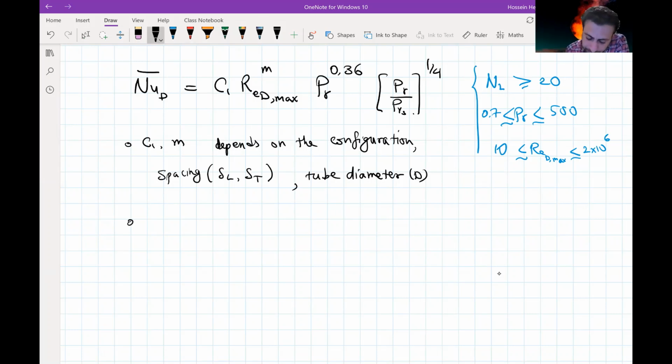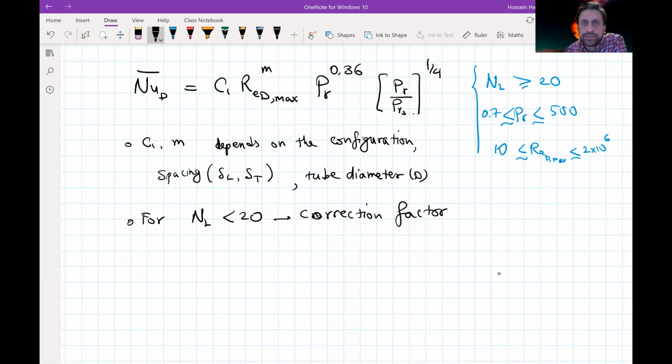Now for NL less than 20, there is a correction factor that we need to use.